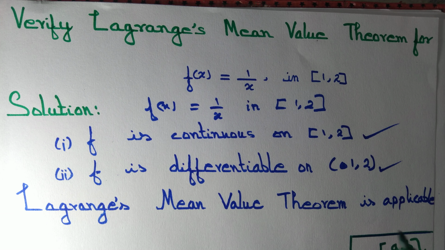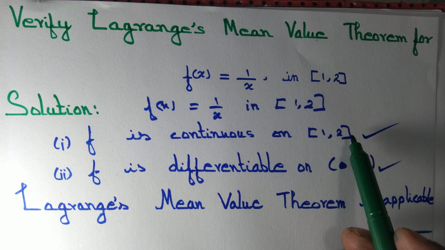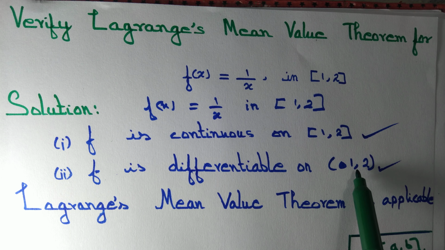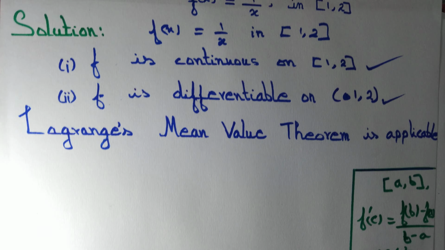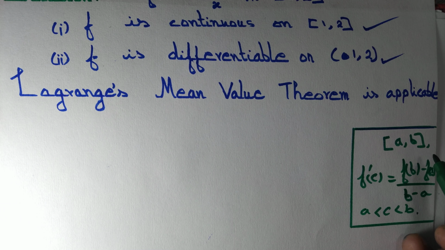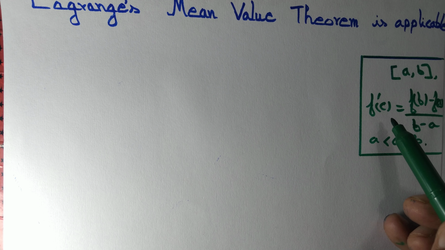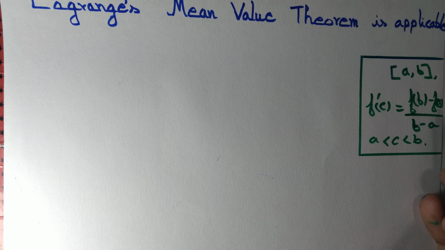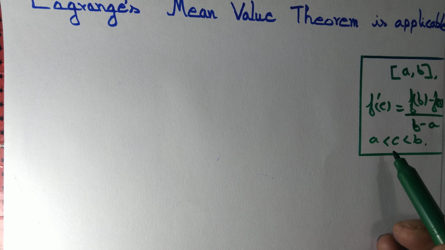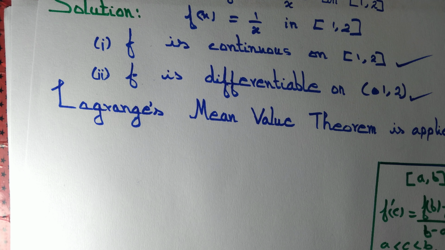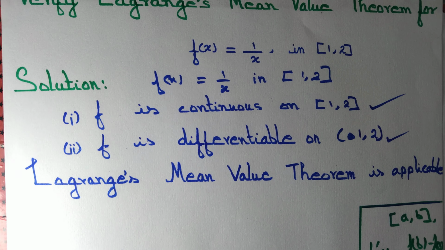Now in this case, f is continuous on [1, 2], differentiable on (1, 2). So a equal to 1, b equal to 2, and there must exist such a constant c between a and b.